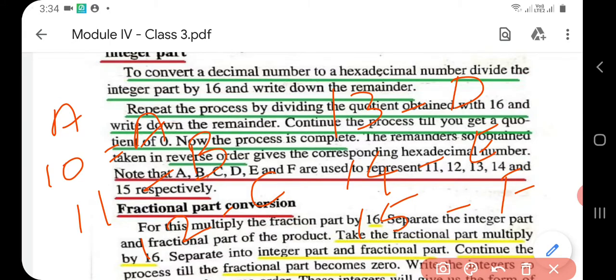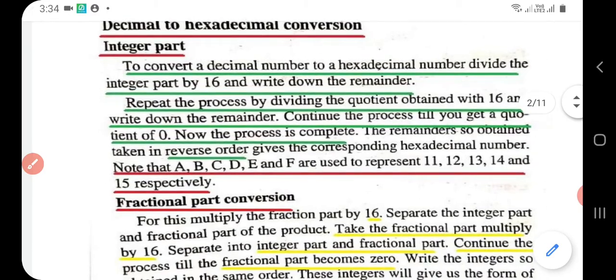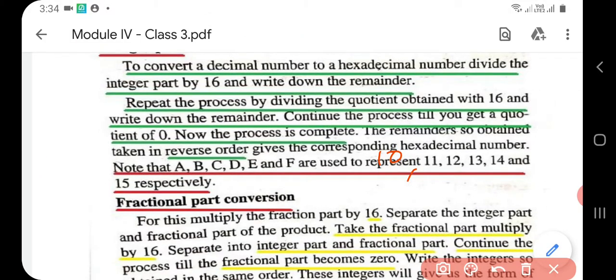So in your textbook there is a mistake. In the notes that I have uploaded, you also have to note this mistake. See, here instead of A they have written 11. It is not 11, it is 10. Before 11 you must write this number 10. Then it will be correct. So 10 actually represents A in the hexadecimal system.